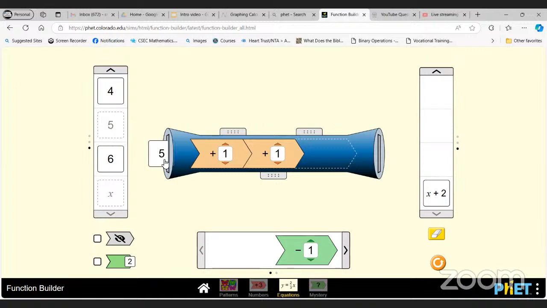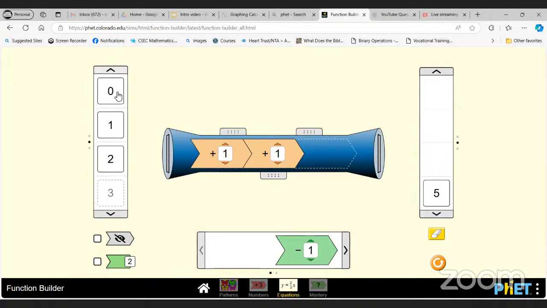Let's put a number 5 here now. So now I have 7. Why? Because whatever value x is, it's going to be increased by 2. Let's say I put a 6, we should see an 8. There you go, you see an 8 because the value of x is increased by 2.